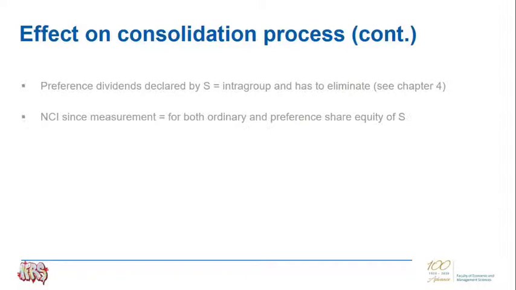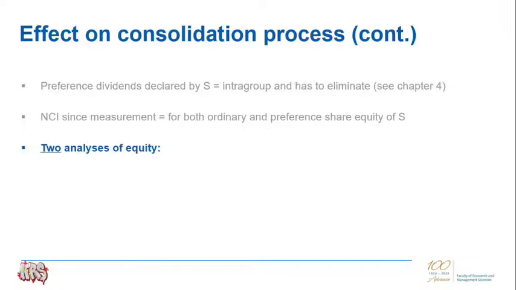Now you have to measure NCI in the ordinary shares and NCI in the preference shares of S. They will all still collectively be one line item for non-controlling interest in the consolidated financial statements, but you have to prepare two analyses of equity, one for the ordinary shares and one for the preference shares.